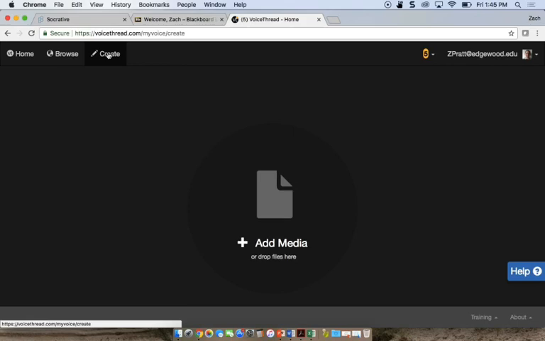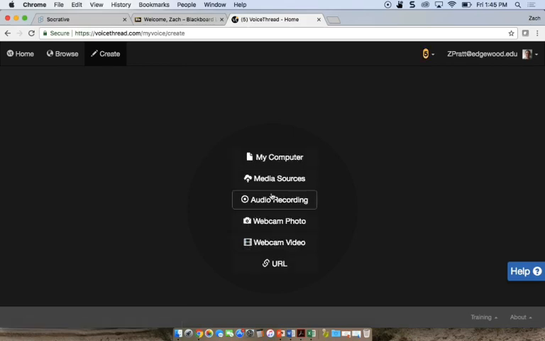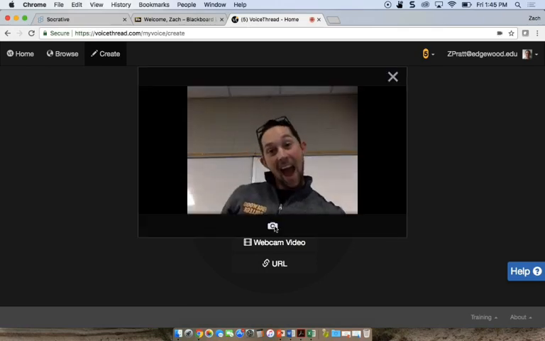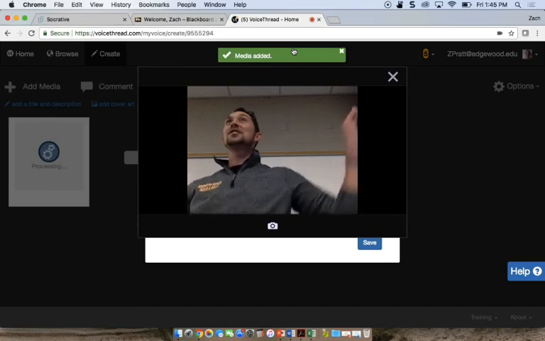It says add media. Oh, I need to put this up, sorry. I don't have a media to add. Oh, no, that's okay. I'm going to show you how to do this. Ready? If you don't have a media to add right now, do this. Click on the plus button. Take a picture. And it's just going to upload it.